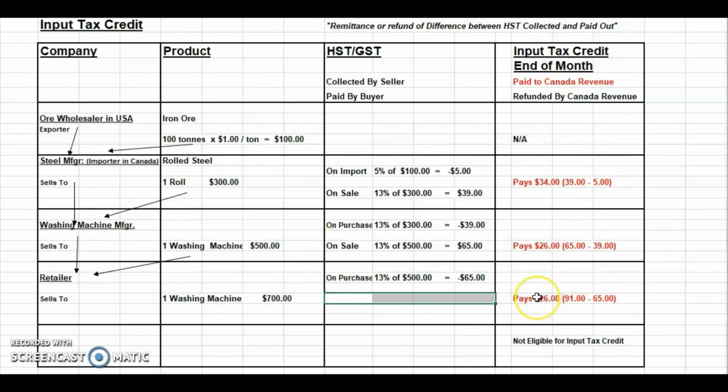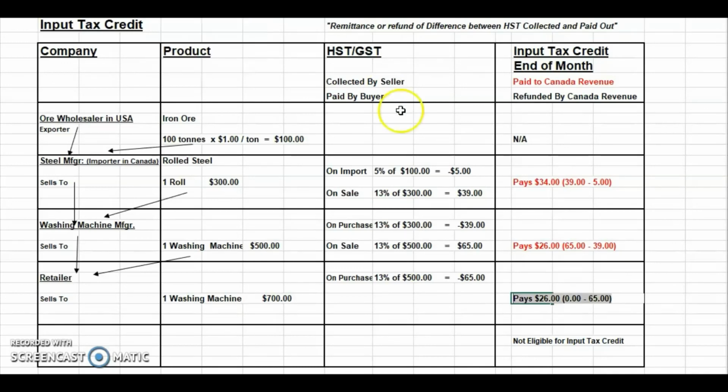Well, at the end of the month they say, okay, I collected 0 HST because I didn't have any sales, and I paid out $65 HST. Guess what?